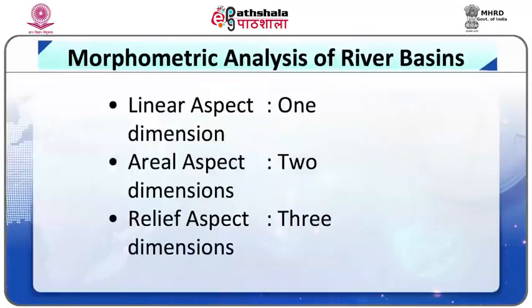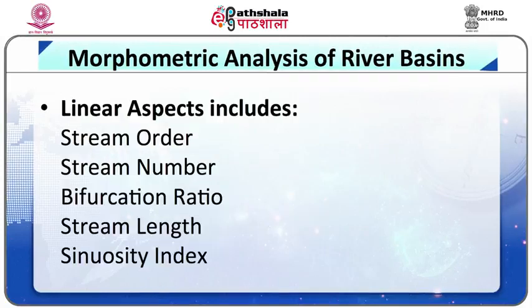The morphometric analysis of river basin is done under three heads: linear aspect or one-dimensional aspect, aerial aspect or two-dimensional aspect, relief aspect or three-dimensional aspect. In linear aspect, we will cover stream order, stream number, bifurcation ratio, stream length and sinuosity index.